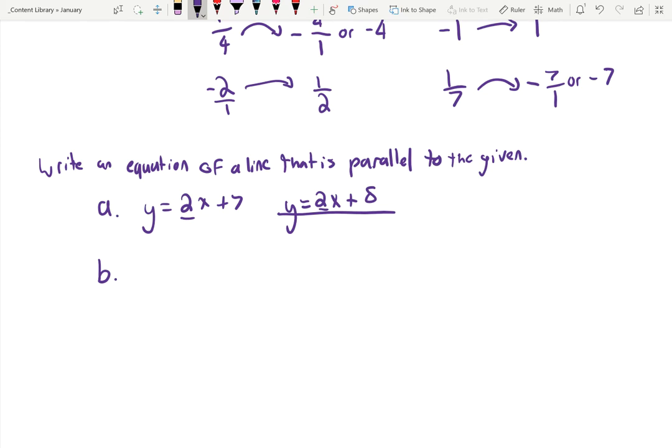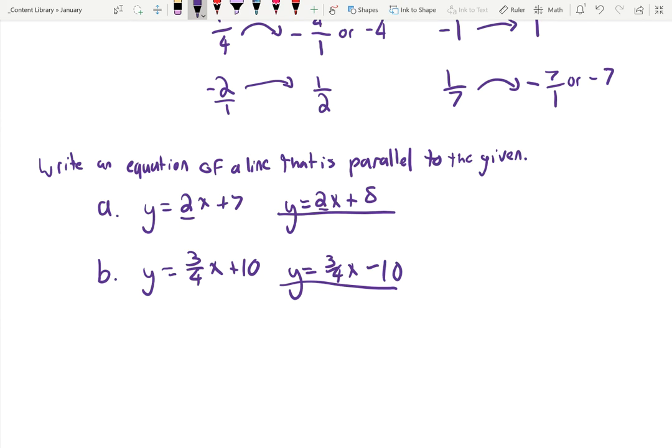So let's try another example. What's a parallel line to y equals 3/4 x plus 10? Well, a parallel line to that, again, has to have the same slope, but a different y-intercept. So y equals 3/4 x minus 10. Why not? That's a different y-intercept. Same slope.